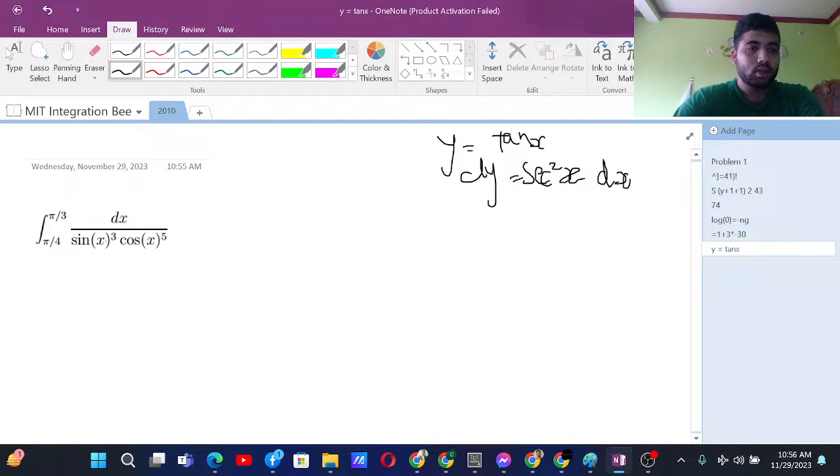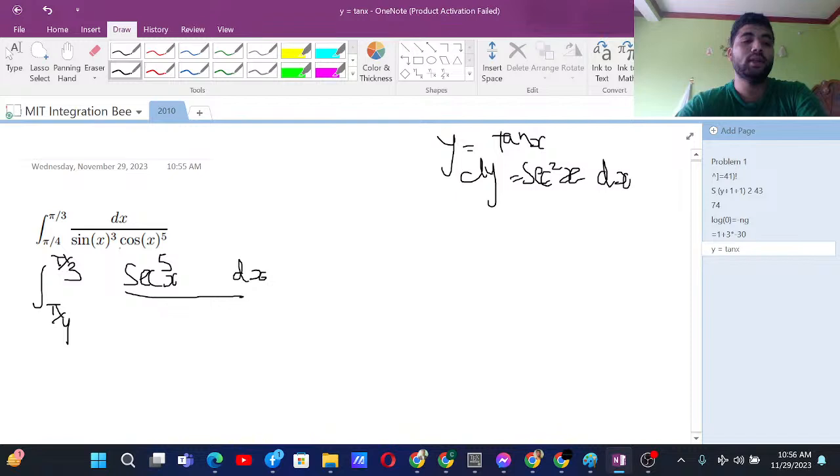Okay, but how do we do that? Let's see. First of all, we can have sec x to the power 5 dx, yeah. But again, to convert this sin cube x to tan, we need to divide by cos cube x or multiply by sec cube x, so that we will have tan cube x by sec cube x dx.